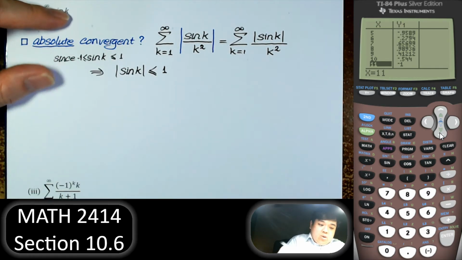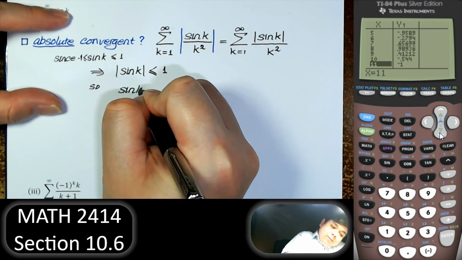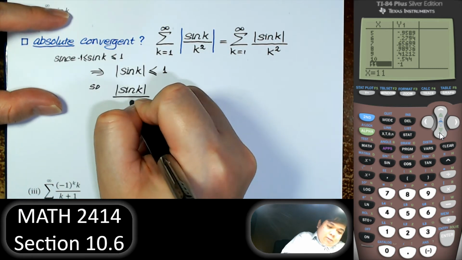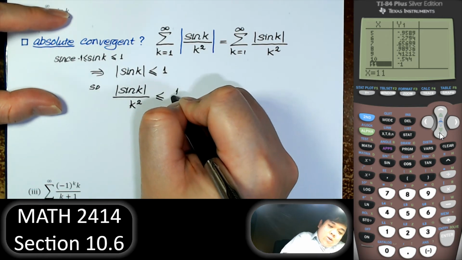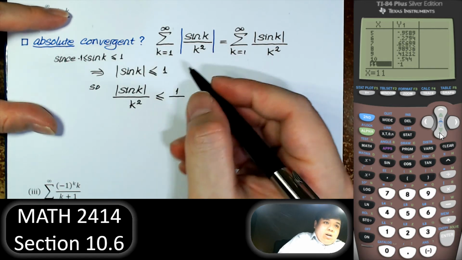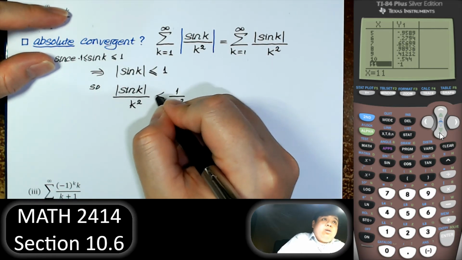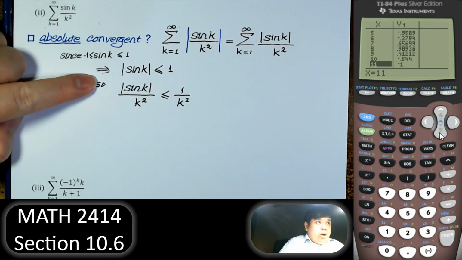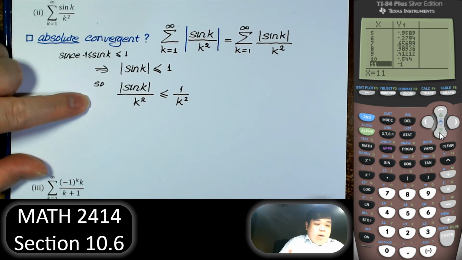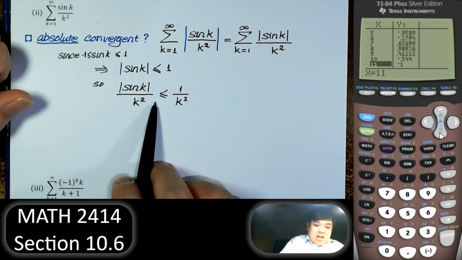Then divide by k squared on both sides. k squared for k bigger than 1 is positive, so we divide by a positive on both sides. We do not switch the inequality. k squared is positive, so the inequality stays as is.